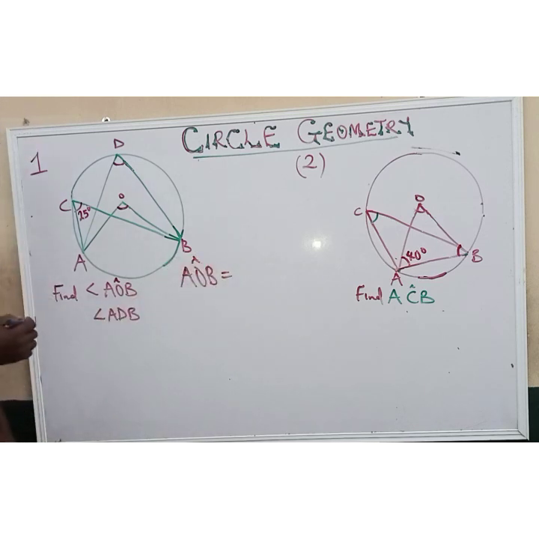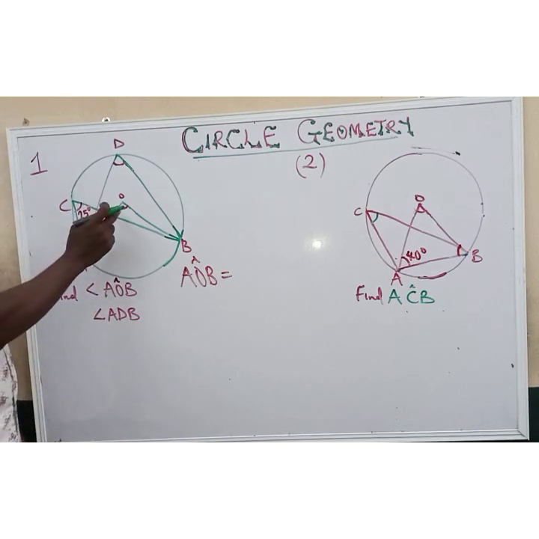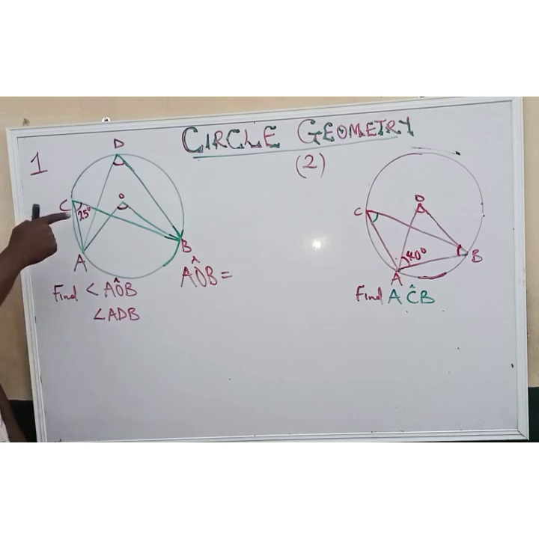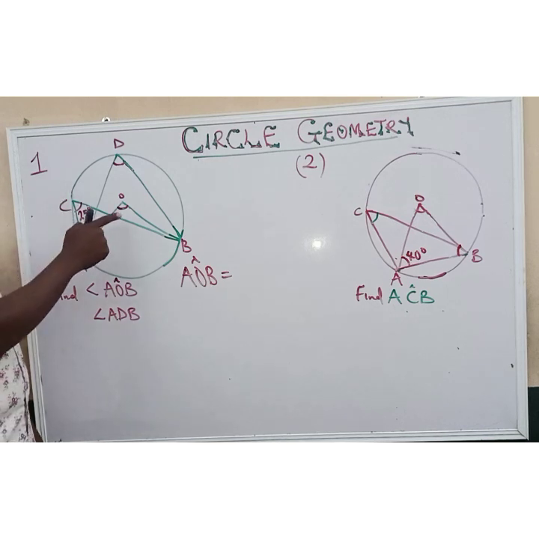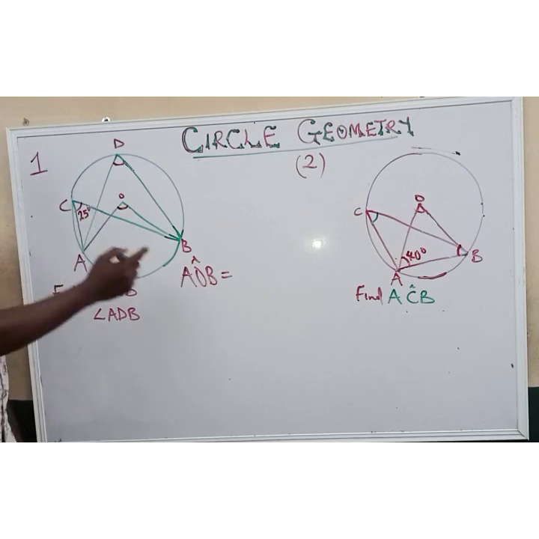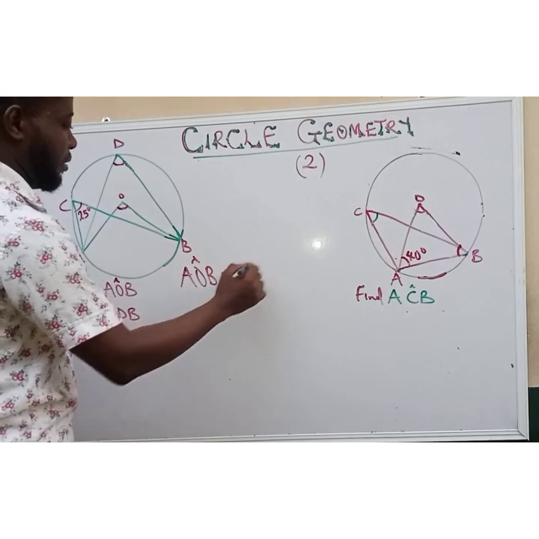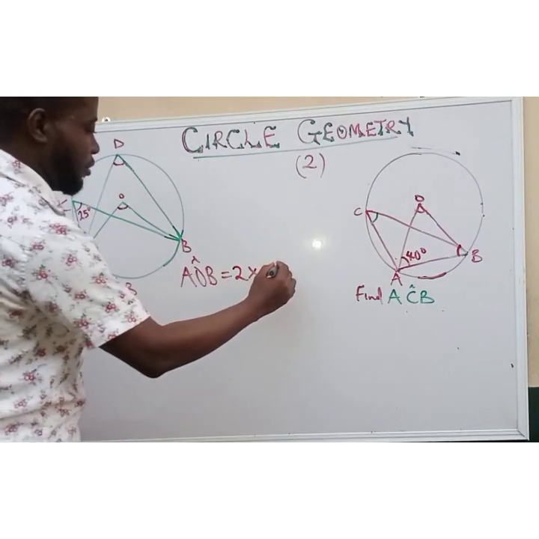In order to find this, we are going to apply the theorem 1 rule, which says the angle at the center is twice the angle at the circumference. So here the angle at the circumference is 25 degrees. So this is the angle on the circumference, and it is 25 degrees. To find the angle at the center, we multiply this by 2.